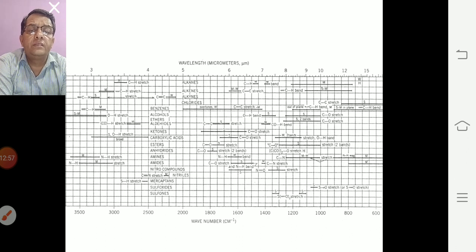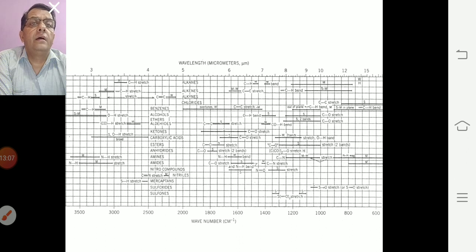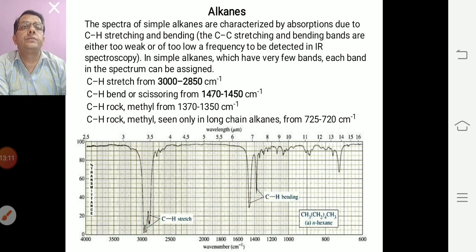All these compounds having stretching and bending values are shown here. You can see and observe the values.